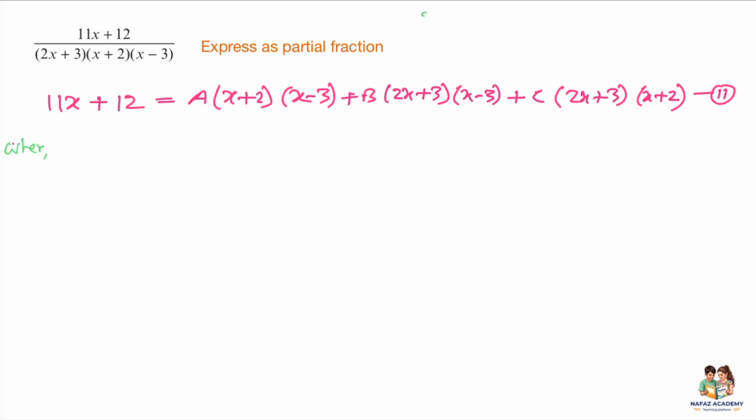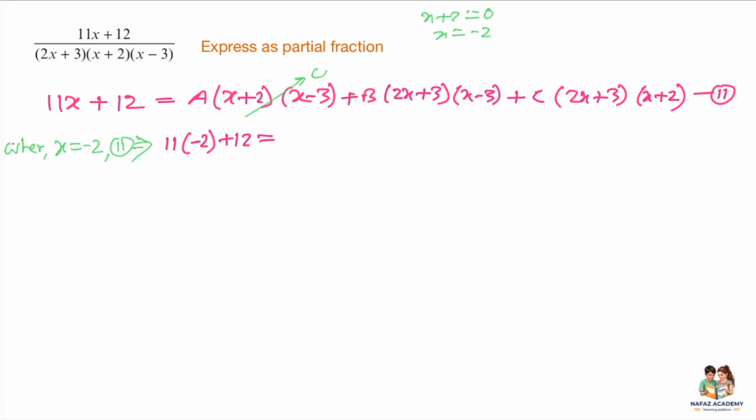Now put the value for the second part. Which one is the second part? x plus 2, right? So x equals minus 2. Can you tell me which parts on the right side of equation 2 will be 0? The factor of x plus 2, this part will be 0. So the A part will be 0, and the C part will be 0, right?